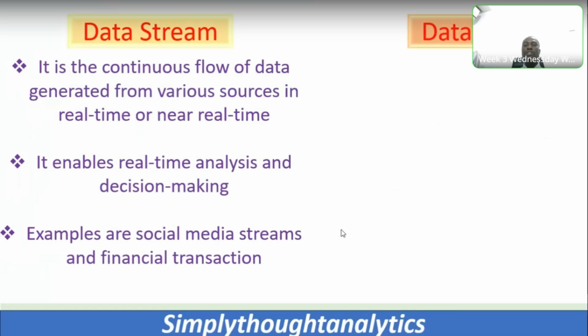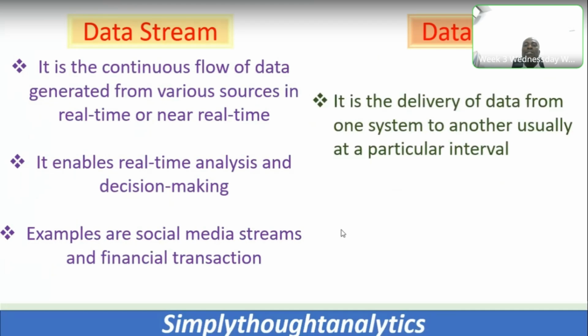Data feed. A data feed is a delivery of data from one system to another, and it is usually at a particular interval. So it is also a massive movement of data from one source to another, but it is usually at intervals. For example, let's say we have a company with several branches all over the world, and we want a central database where we store all the data from the different branches.